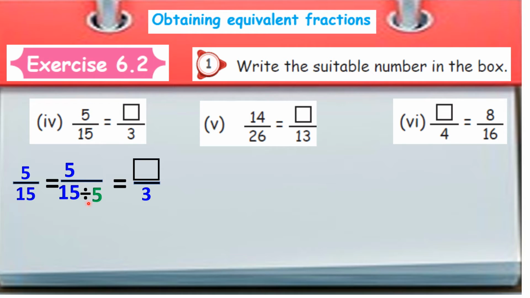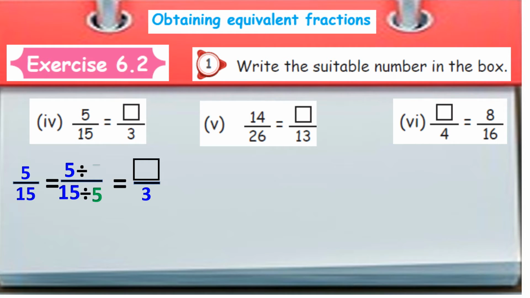Is it clear now? If I divide this 15 with the 5 times table, 5 1 times 5, 5 2 times 10, 5 3 times only 15. So if I divide 15 by 5, I will get 3. You understand? So here also I am going to divide it by 5 only.